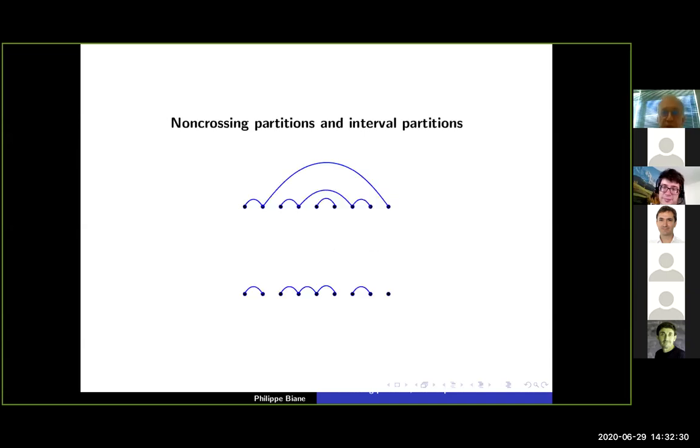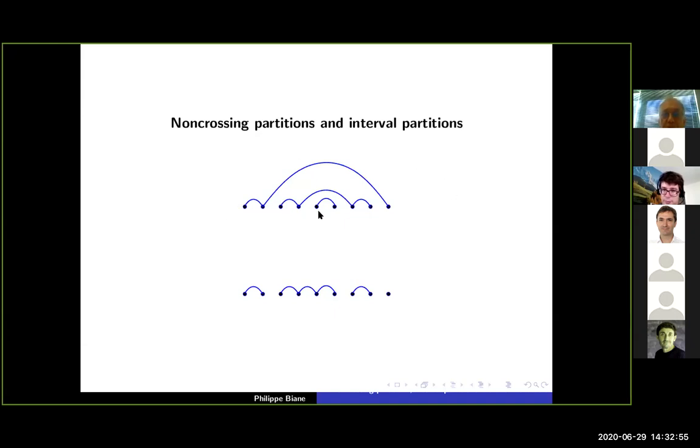My talk will be about some combinatorial structures which have been very much studied: non-crossing partitions and interval partitions. I want to put them into some perspective coming from geometry, from Coxeter group theory, more precisely. So a non-crossing partition, in short, you can see one here on the top.